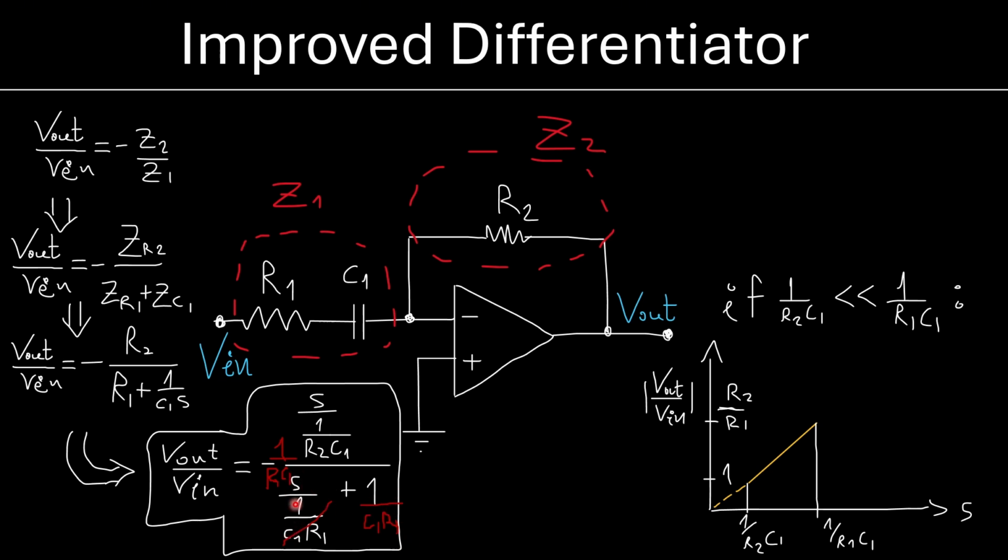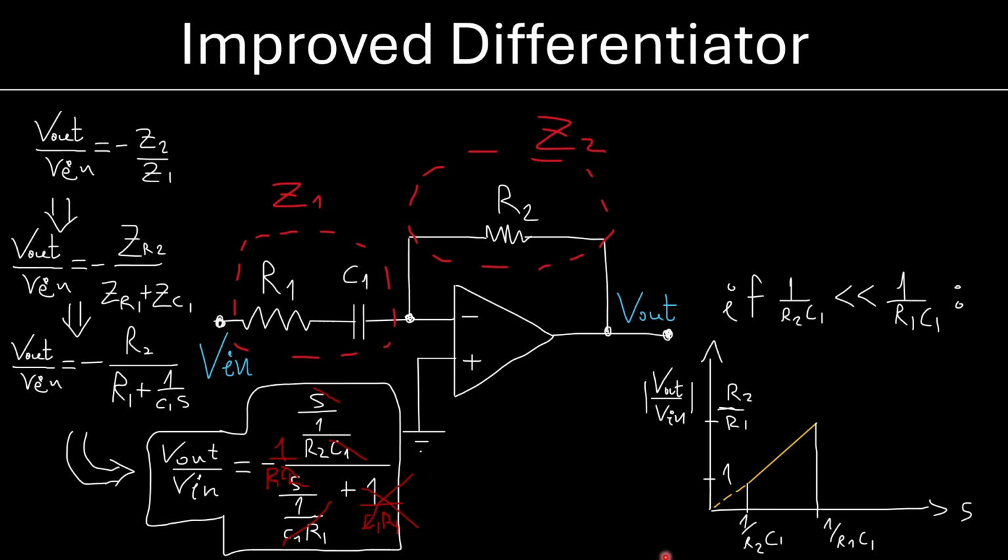It turns out that this is much higher than this. Therefore, it overwhelms this term, but the whole thing is also multiplied by 1 over R1C1. Therefore, we have a frequency which cancels out with this frequency. This C1 cancels out with this C1.